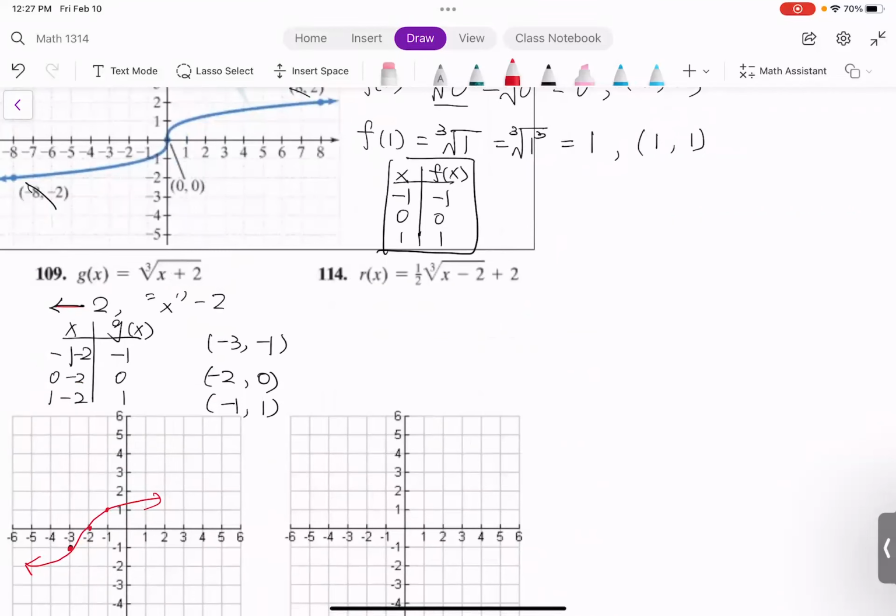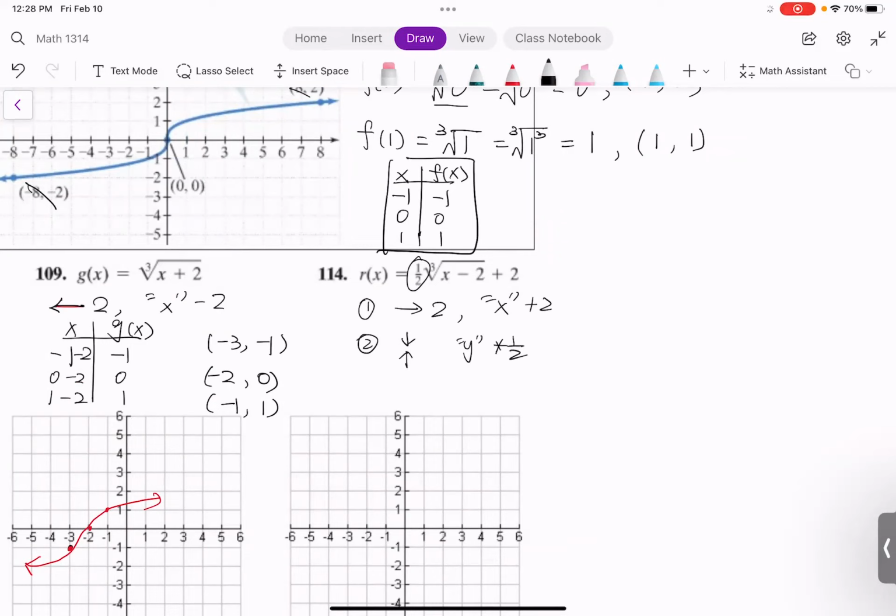First transformation, from inside to outside. Inside, x minus 2 means move to the right 2 units, all the x plus 2. And second transformation, outside is 1/2. Oh, we need to shrink the graph vertically. That means all the y multiplied by 1/2.